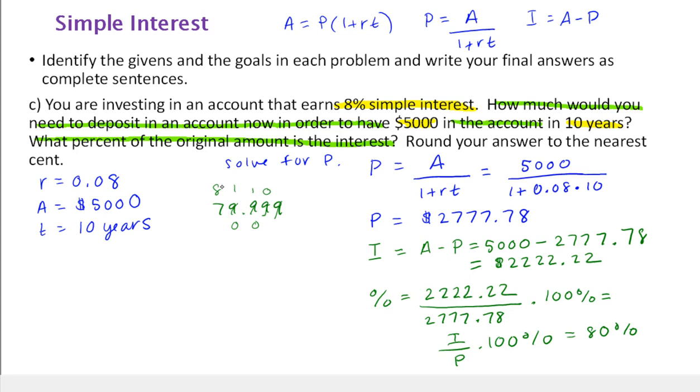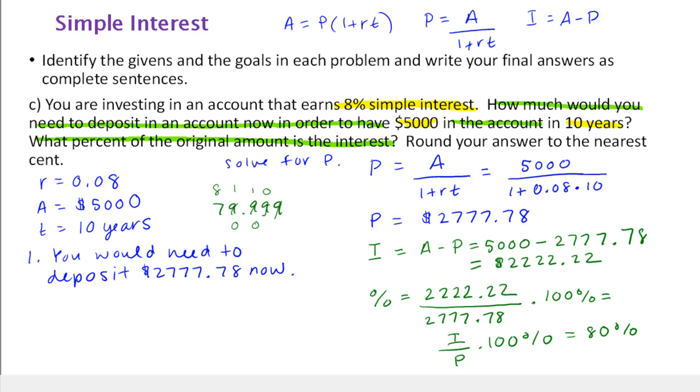So let's write our final answers. Always refer back to the question. How much would you need to deposit in an account now in order to have $5,000 in 10 years? And you would need to deposit, and here is our result, $2,777.78 now.